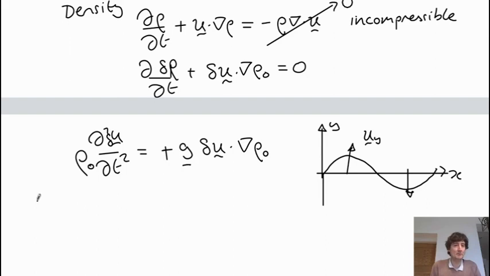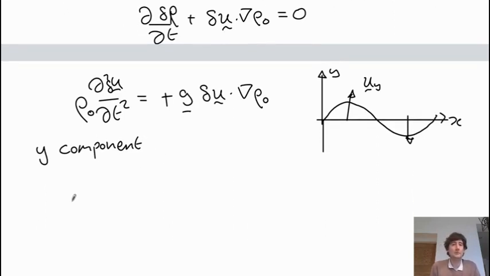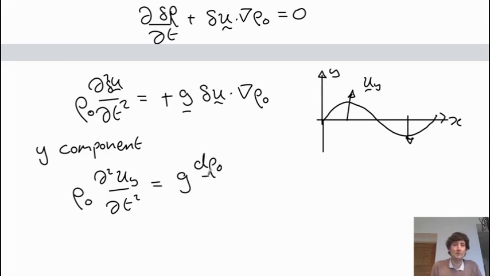So we take the y component, the vertical component of this equation, and what we get is rho naught d2 delta uy by dt squared is g times d rho naught by dy times delta uy.